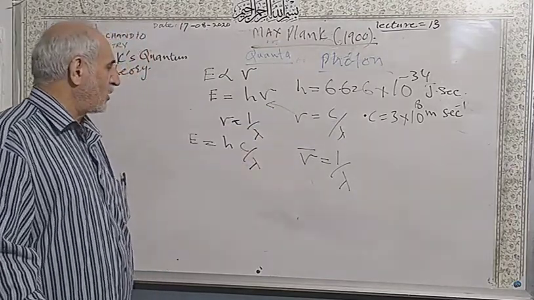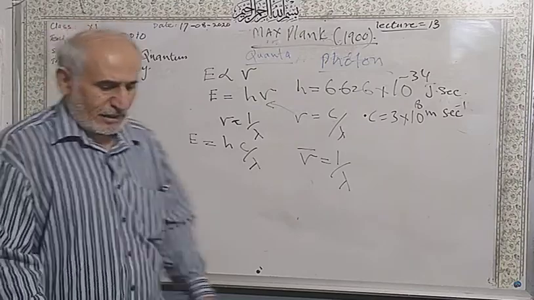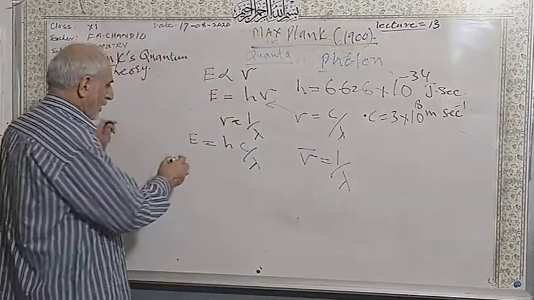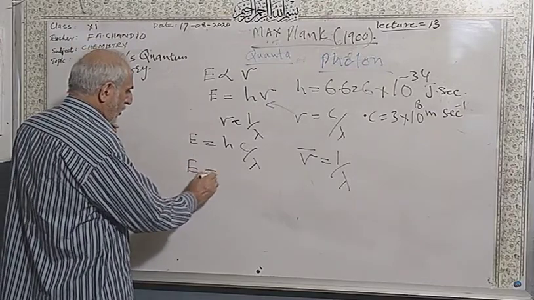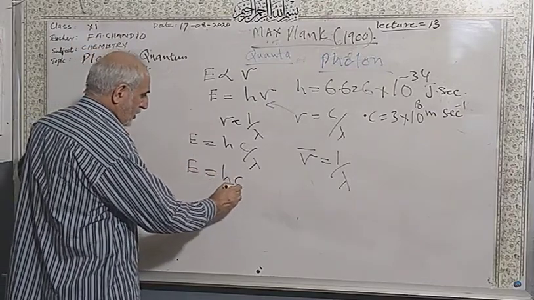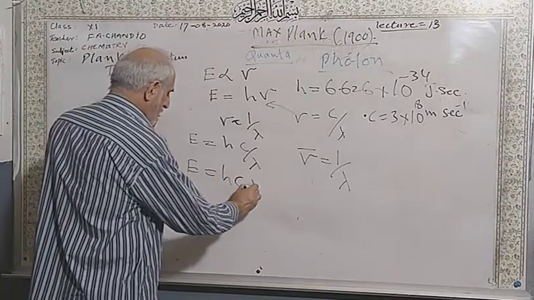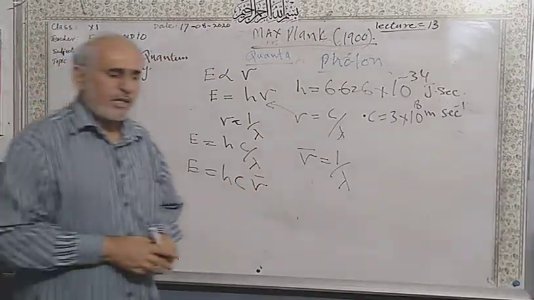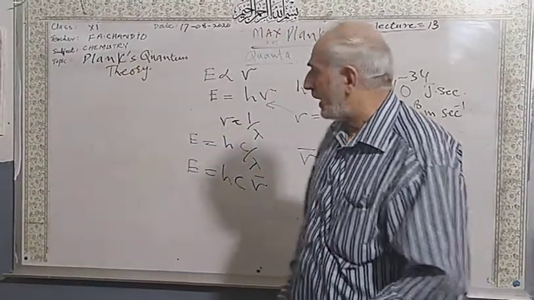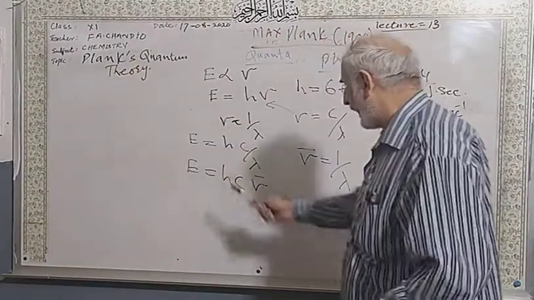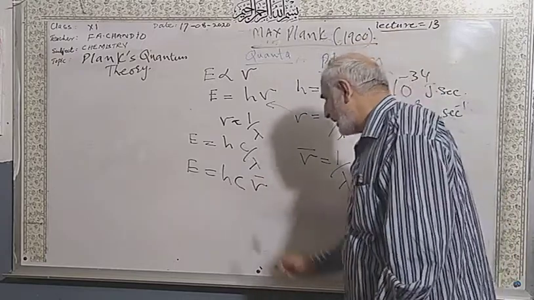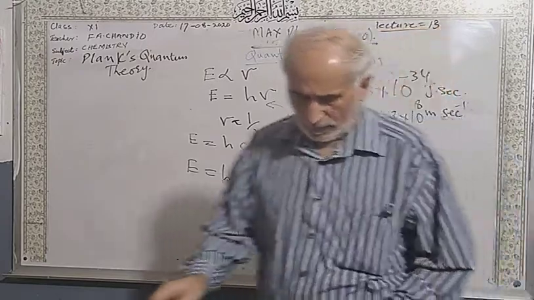So if you put the value, you will get E is equal to h c times the wave number. You will get this formula if you see your book. E is energy, h is the Planck constant, c is the velocity of light, and this is the wave number.